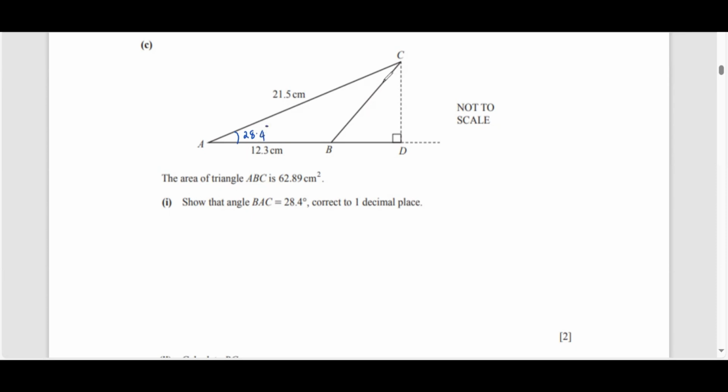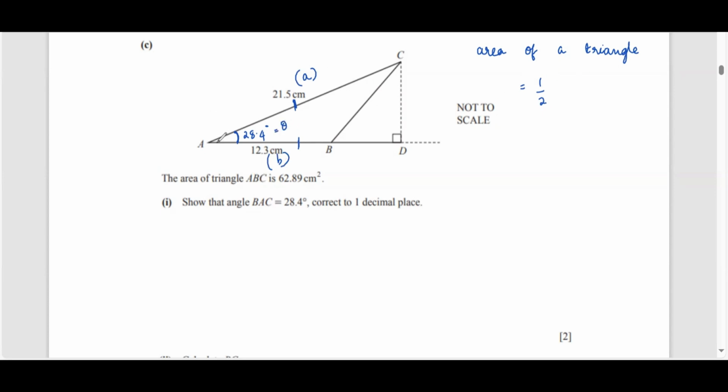Area of the triangle ABC is given as 62.89. Now, if two sides and the included angle is given, to find out the area of a triangle, we know the formula. Area of a triangle is equal to half. Let's say these two sides are A and B, and this angle we take as theta.